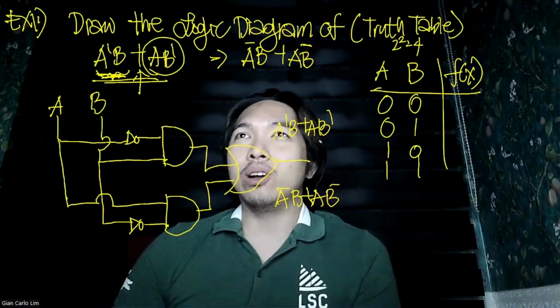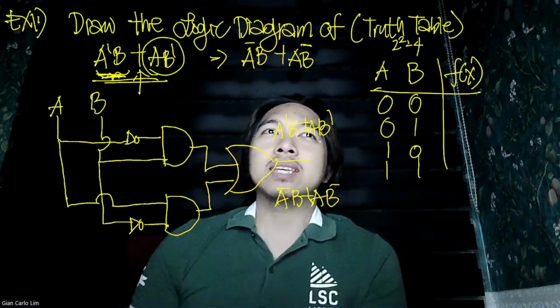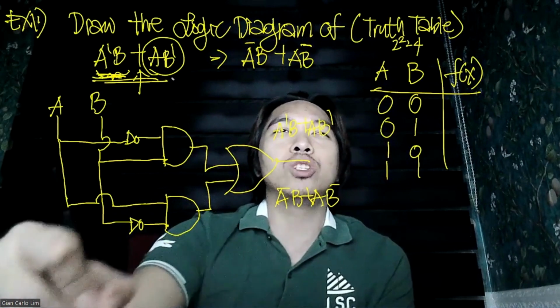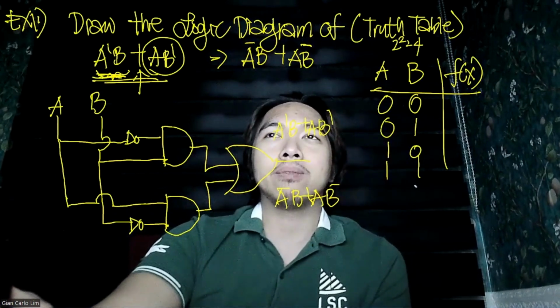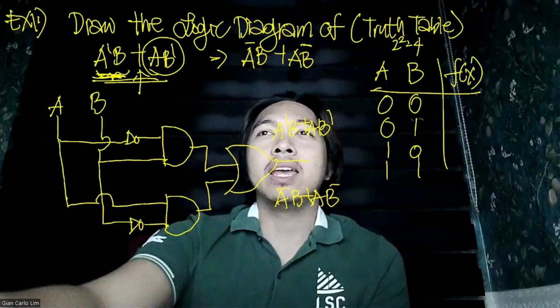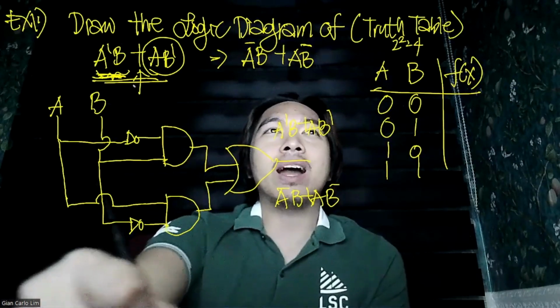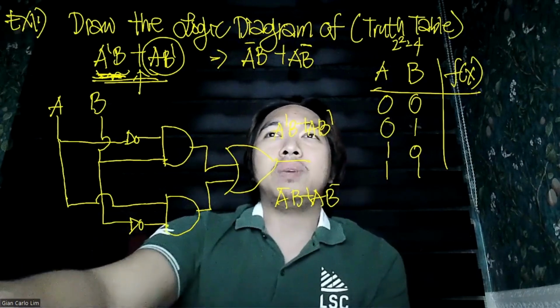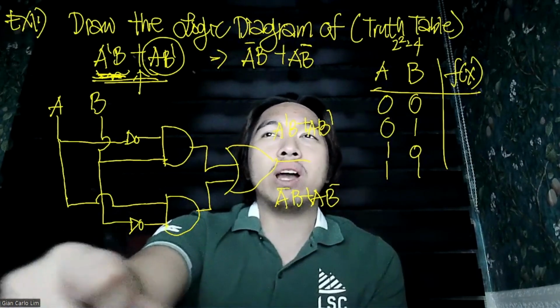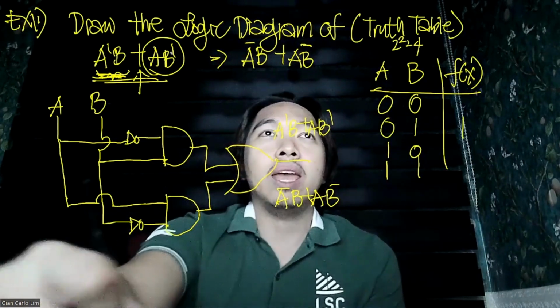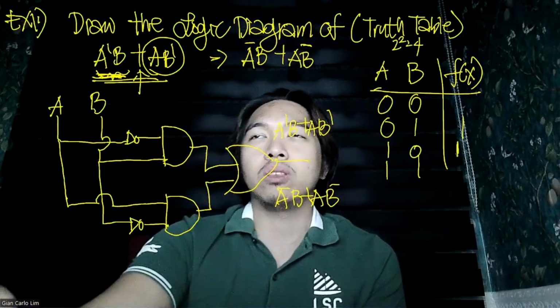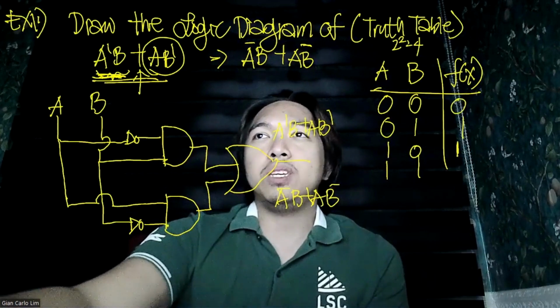Okay, let's go now to the truth table part. In the truth table, whatever is written like this means it is 1 there. A prime B, where the A not means zeros, so A is 0 and B is 1. And A B prime means A is 1 and B is 0. The rest would be zeros.